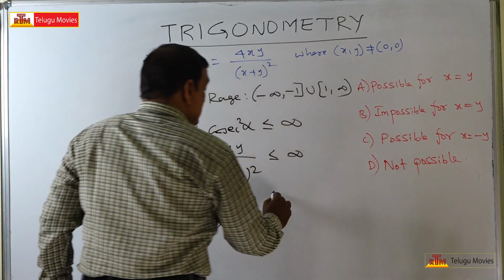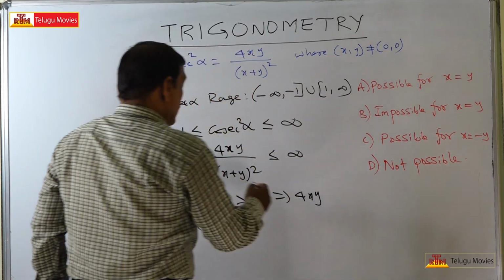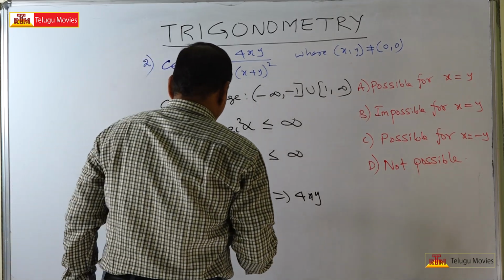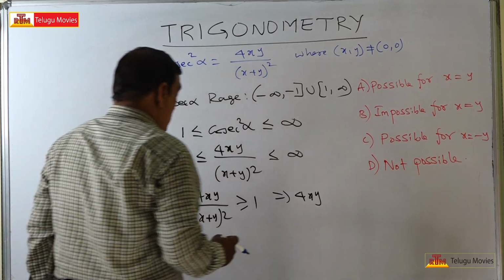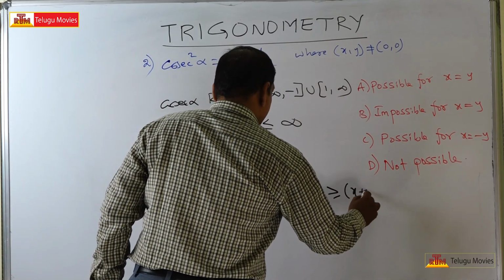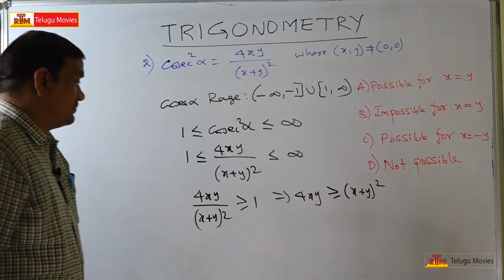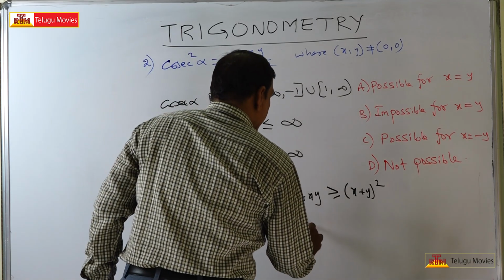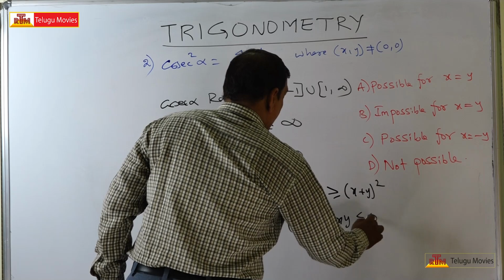If you cross multiply, 4xy is greater than or equal to... x plus y whole square. So this is nothing but (x plus y) whole square minus 4xy less than or equal to 0.